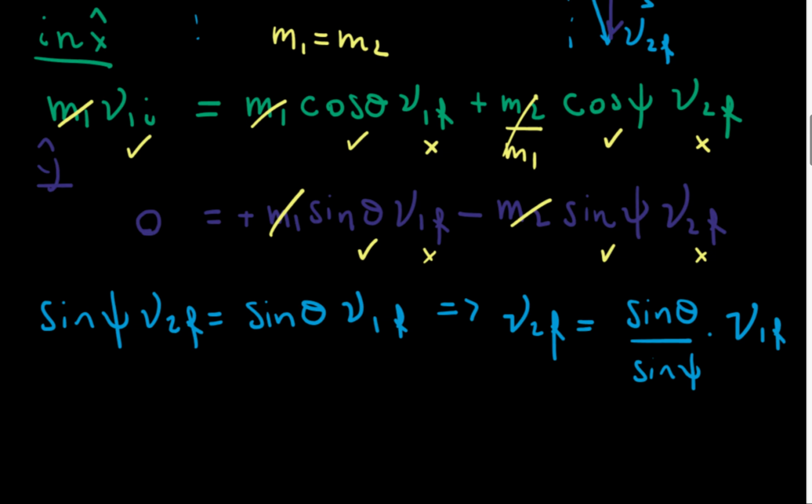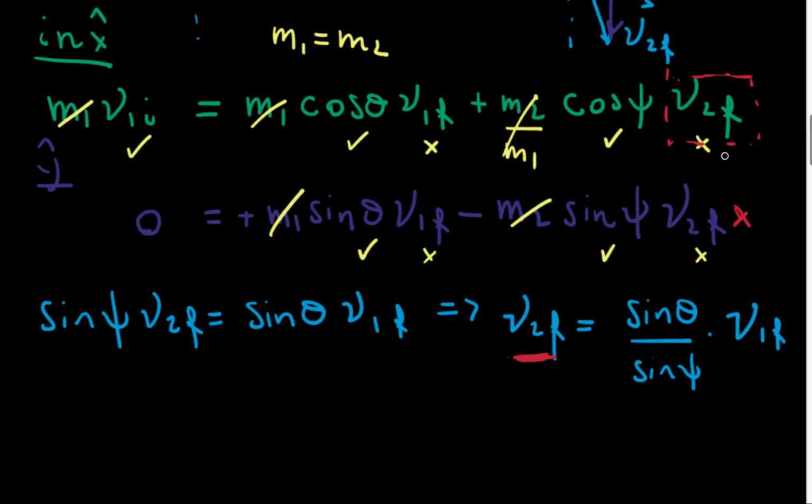Now, I'm going to take V2 final right here and substitute, and it came from this. Remember, it came from this equation. This equation here turned into this, and now I'm going to take this right here, and I'm going to substitute for this right there.